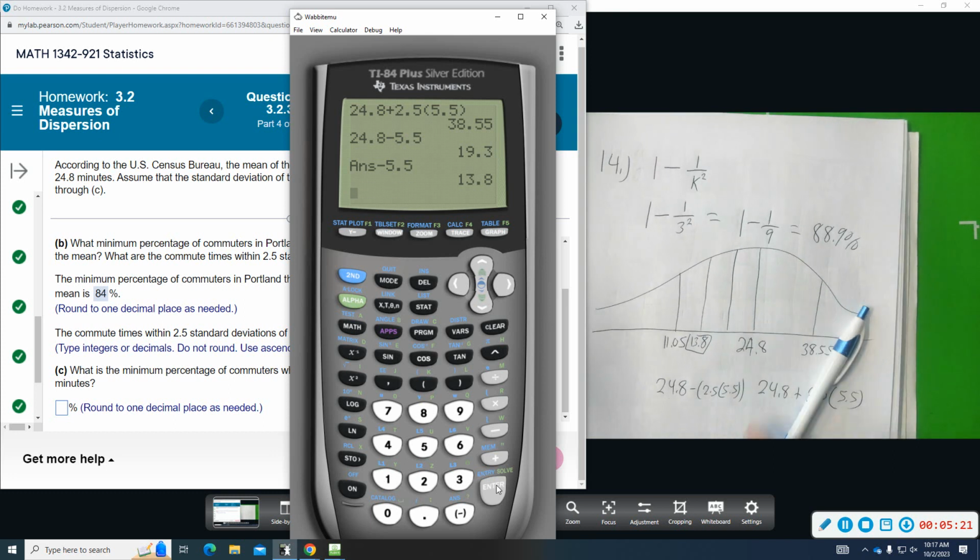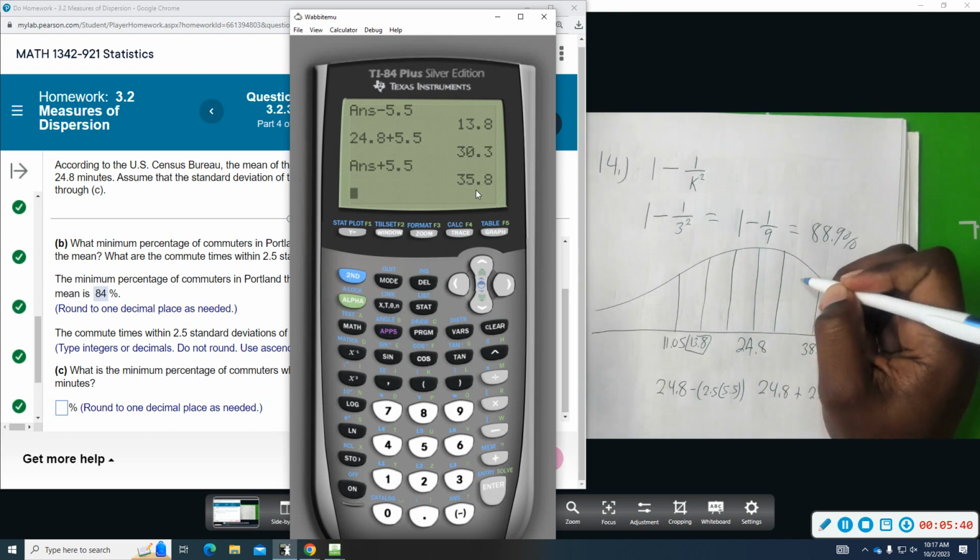And then if I were to add 2 to get to that bigger number, and then add it again, get 2 standard deviations on the right side.